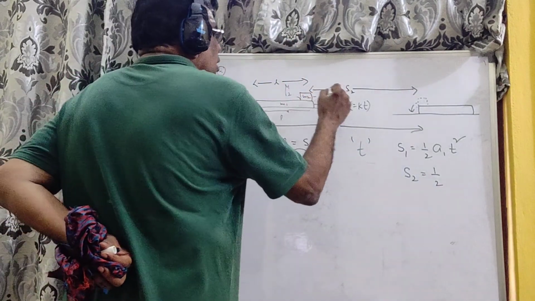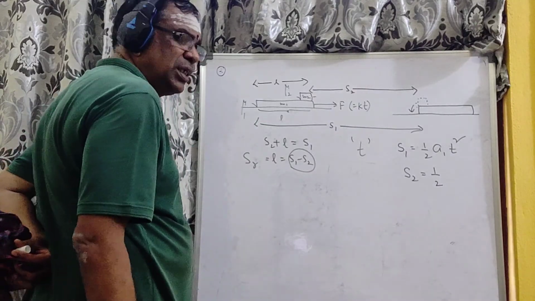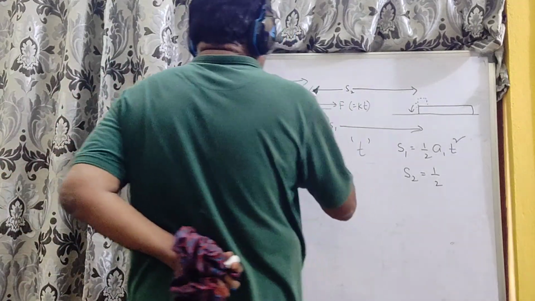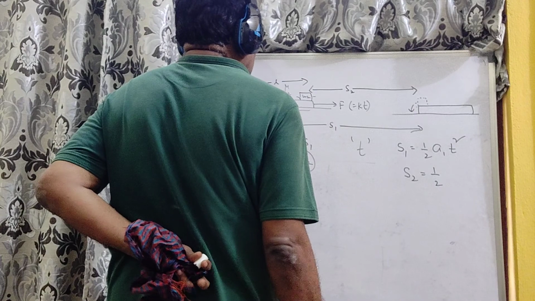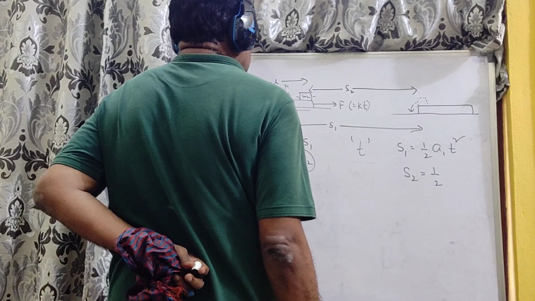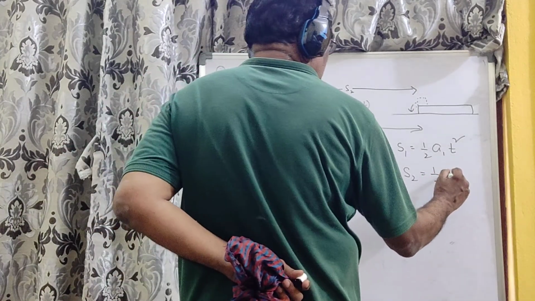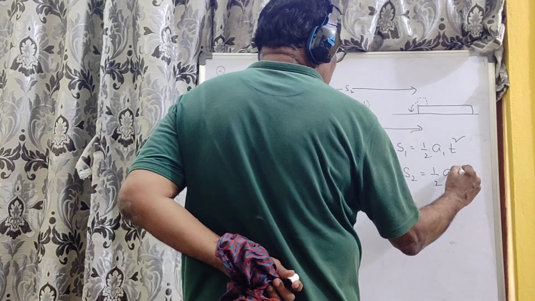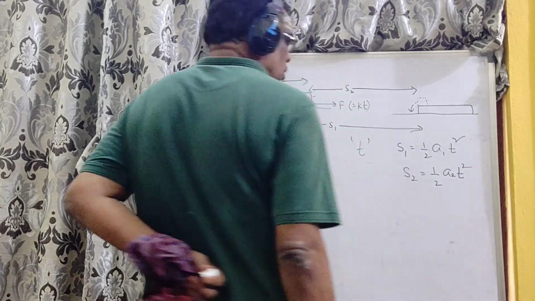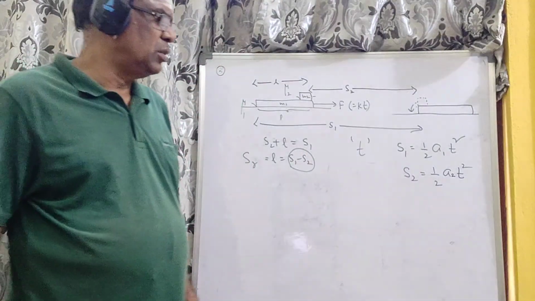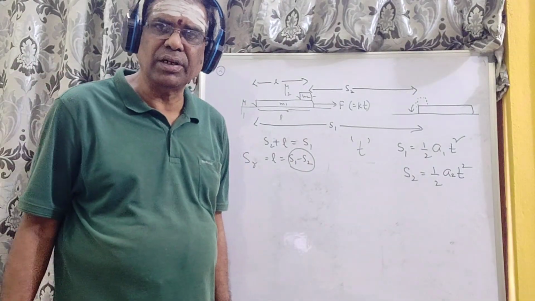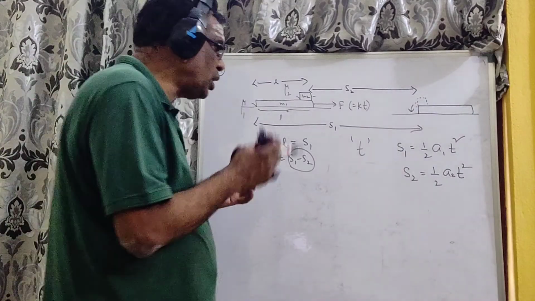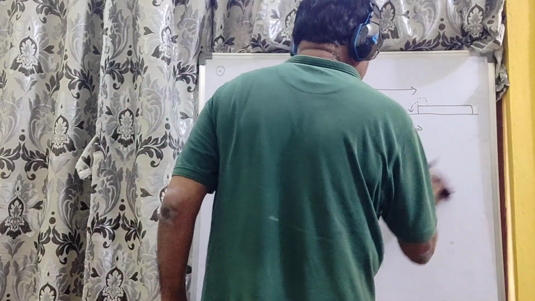If you know its acceleration with respect to the ground, initial velocity is 0, so you don't put it; if it has velocity, you put it. So you will say half a2 t square. Okay? But what am I going to do?